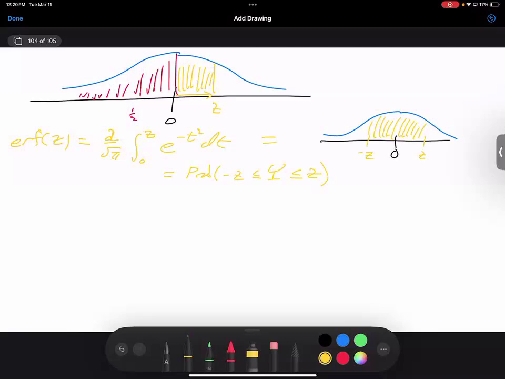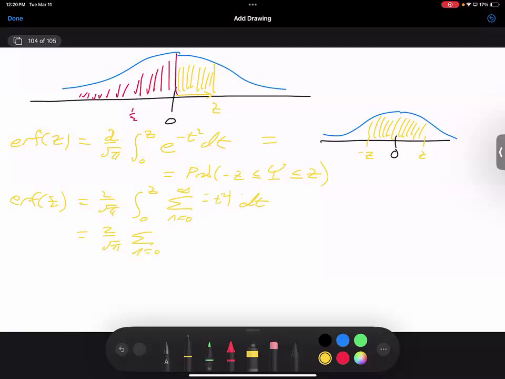And so now, if we try to play the game as before, the error function of z is 2 over square root of pi, integral of 0 to z, the sum from 0 to infinity, e to the minus t squared dt. Now, if I interchange the sum and the integral, I actually have to put in the Taylor series expansion. I just can't put the same function back again.